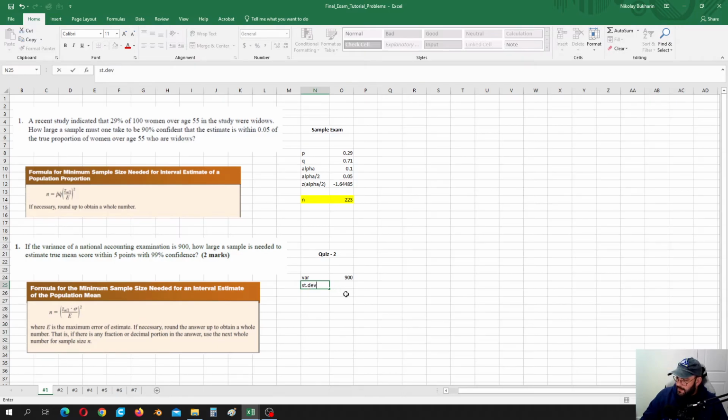So we can write that variance is 900. So then our standard deviation of population is equal to square root of 900, and our alpha is 1 minus confidence. So our alpha is equal to 1 minus 0.99 in this case.